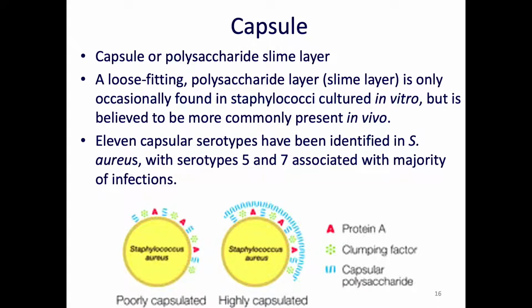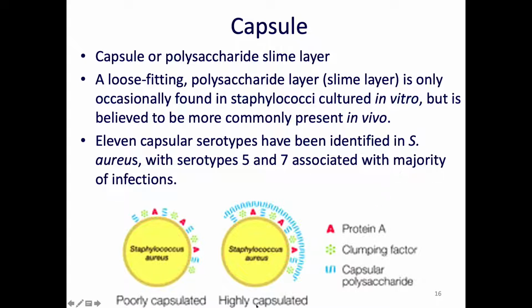It can occasionally be found in staphylococci which are cultured in vitro, but it is believed that in vivo this kind of development is probably more frequent. 11 capsular serotypes have been identified in Staphylococcus aureus, with serotypes 5 and 7 associated with the majority of infections.